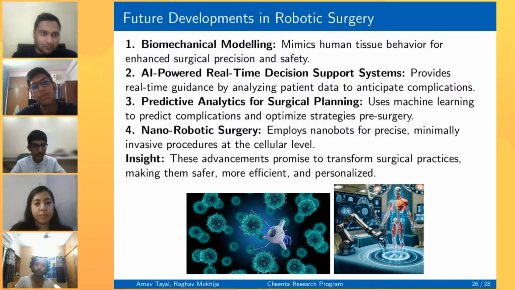Now, nano robotic surgery. For minute level operations where space is limited, and which may be performed internally also, nanorobots can be used. It has a very large scope. These advancements promise to transform surgical practices, making them safer, more efficient, and personalized.